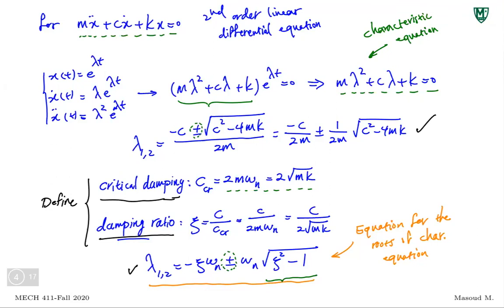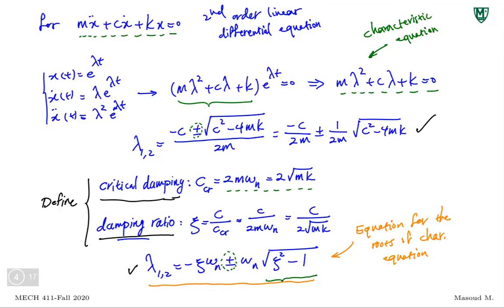Here is the equation for the roots of that characteristic equation. As I said, depending on what roots we get, the form of the general solution changes. Now, we specifically focus on the component under the square root, zeta squared minus 1. Depending on what that is, since we have a square root, the outcome could be a complex number, a real valued number, or zeta squared minus 1 could be 0.